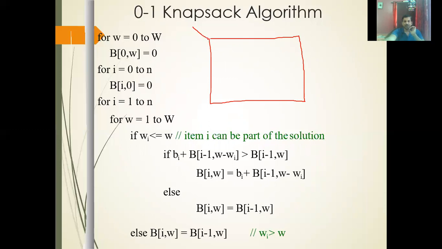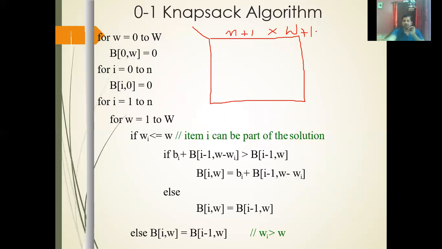So where will this size going to be? I plus 1, or in another way I can say that n plus 1 rows, where n is nothing but the number of items, into W, capital W plus 1, capacity of the knapsack plus 1.